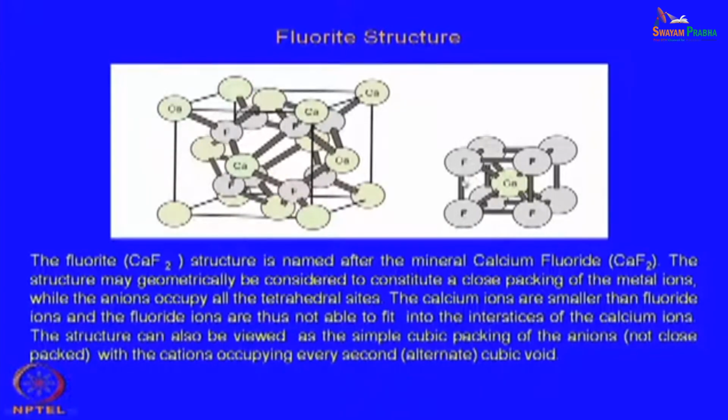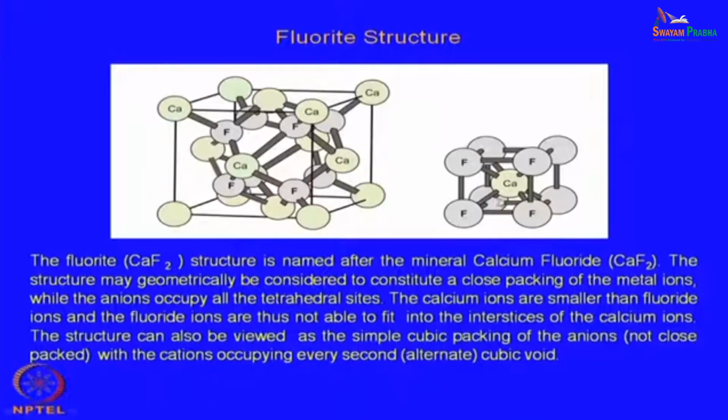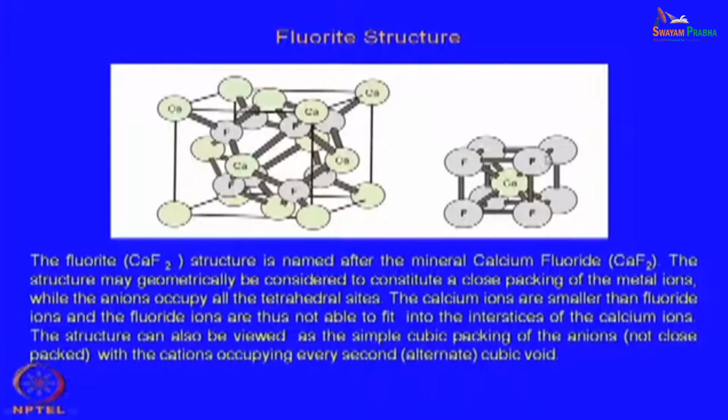Now, if you go to the body center structure, BCC structure, you will find the contribution of the fluorine ions to this particular unit cell is 1/8 into 8. That gives you 1 fluorine ion, and the calcium being at the center of the cube is not shared by any other neighboring unit cells.